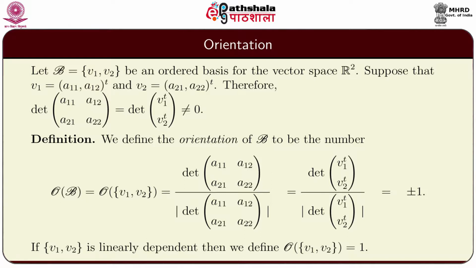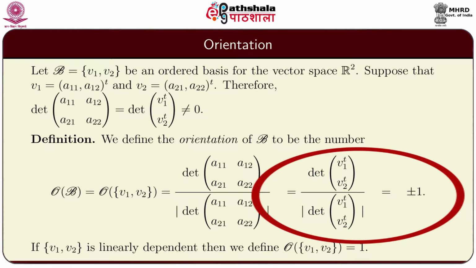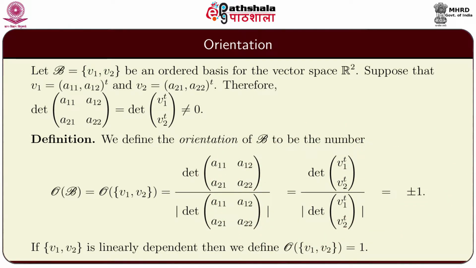In other words, it is the determinant of V1 transpose, V2 transpose over the modulus of the determinant of V1 transpose, V2 transpose. And we assume that the base field is the field of real numbers, and therefore, this is plus or minus 1. And if this set consisting of these two vectors V1, V2 is linearly dependent, then we define the orientation of this set V1, V2 to be 1.